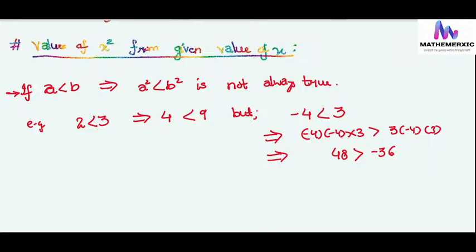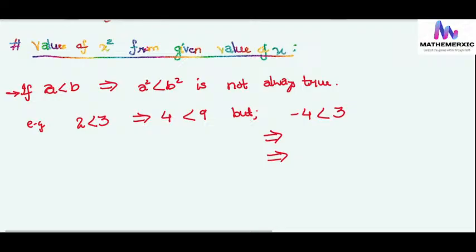The absolute value of minus 4 is 4 only, so it is greater. In this case a is less than b, but the negative number has a larger absolute value, so the sign will change. That's the reason why we have this concept.